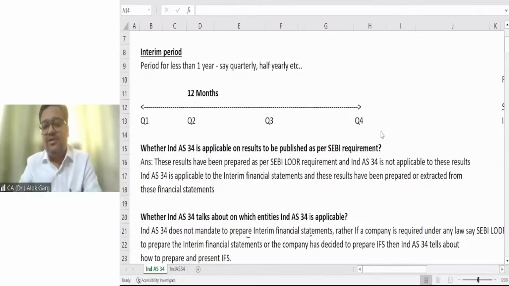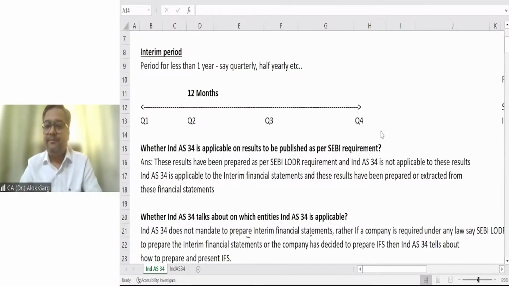Tanisha is asking, sir, just to ask, why are these interim financial statements prepared? So, Tanisha, listed companies are mandatorily required to file their results to the stock exchanges on a quarterly basis. What is meant by results? Results means they have to file their profit and loss account, their balance sheet, their cash flow statement, and their critical notes to accounts.